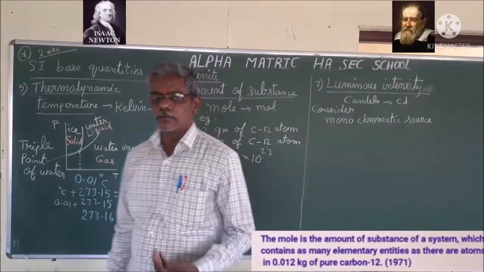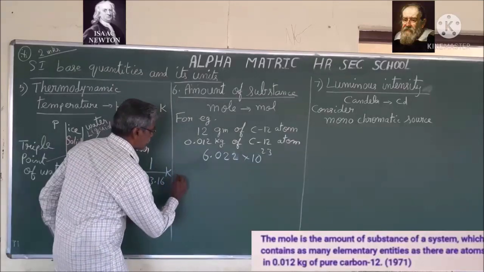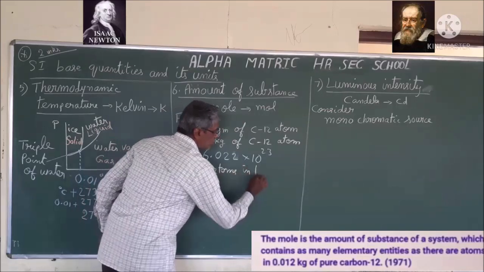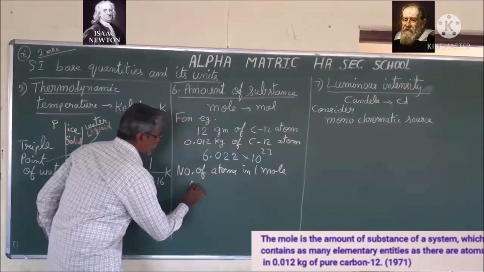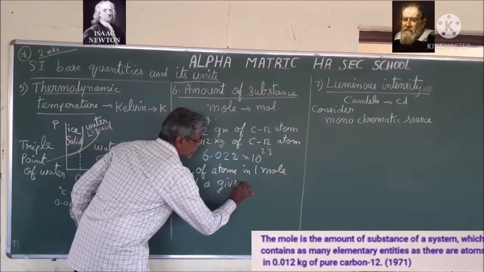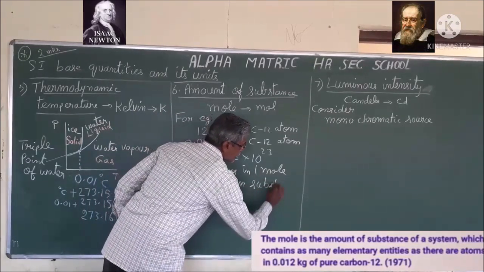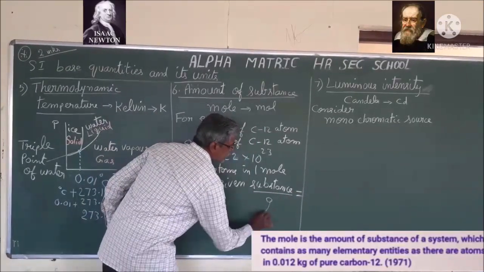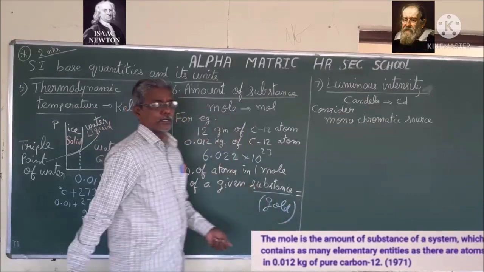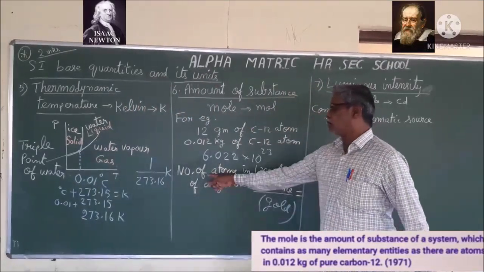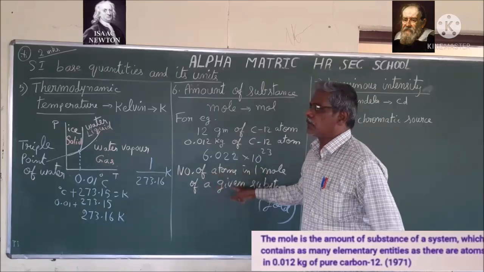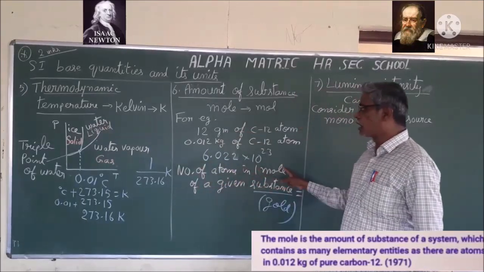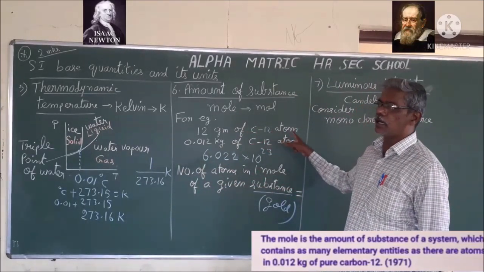Now, how to find out the atoms? The number of atoms in 1 mole of a given substance, let it be gold for example, is equal to the number of atoms in 1 mole of carbon 12 atoms.